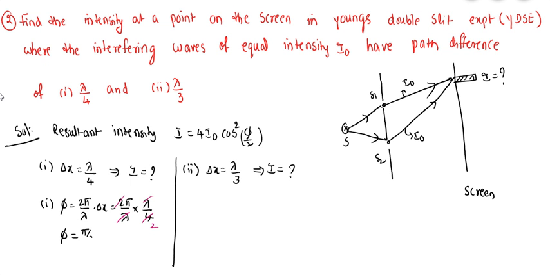Substitute in the formula I equal to 4 I naught cos square phi by 2. Cos 90 value is 0.